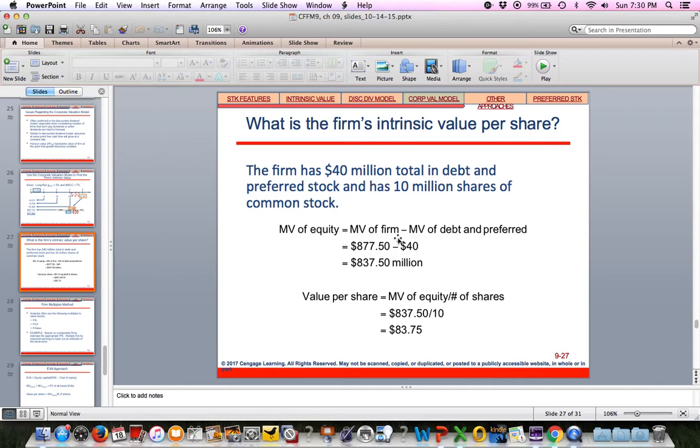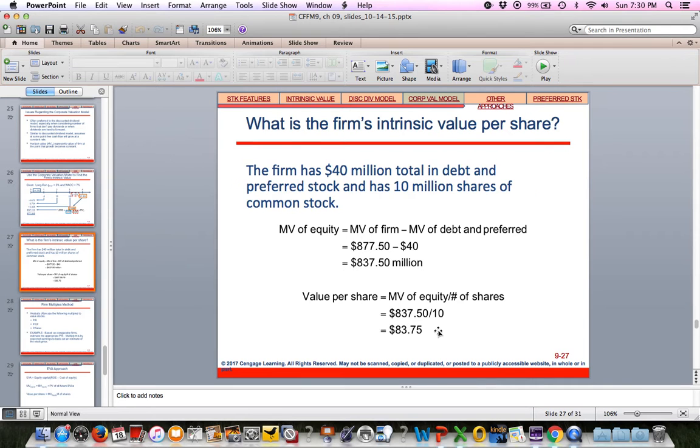Okay, those come away. So I subtract those, I get 837.50. I divide that by the 10 million shares, and what I'm saying is that the value of the stock should be 83.75. Okay, and I of course would then compare that to the price the stock was trading for, and I can make a buy and sell decision based on that.